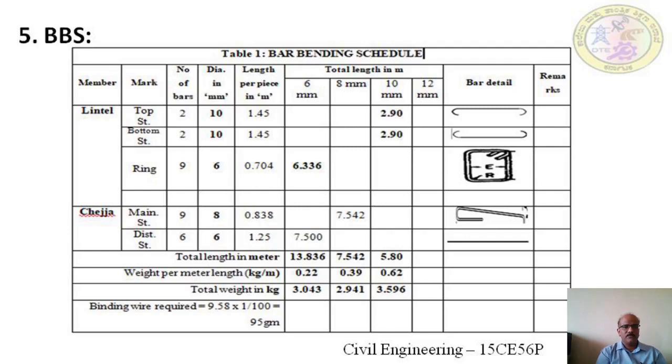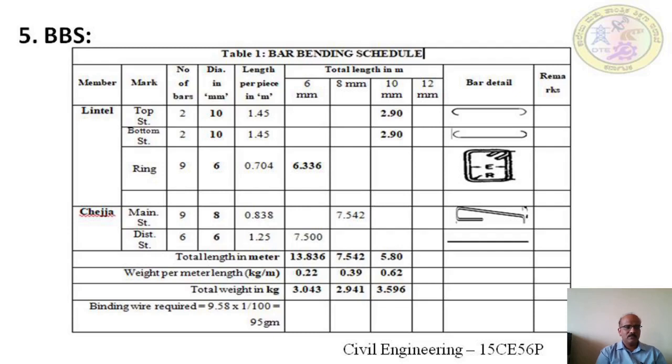We need to add up all the steel together, that is 3.043 plus 2.941 plus 3.596, to calculate the binding wire required. Usually the binding wire required to bind these steels will be 1% of the total weight.